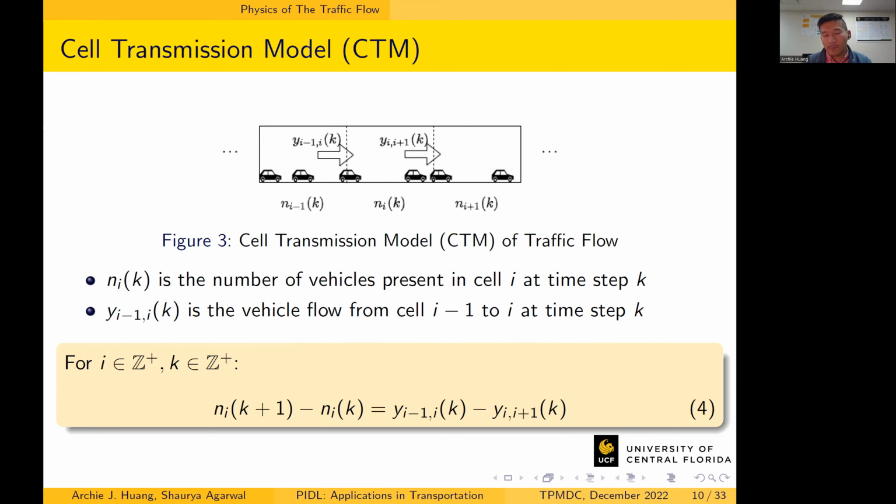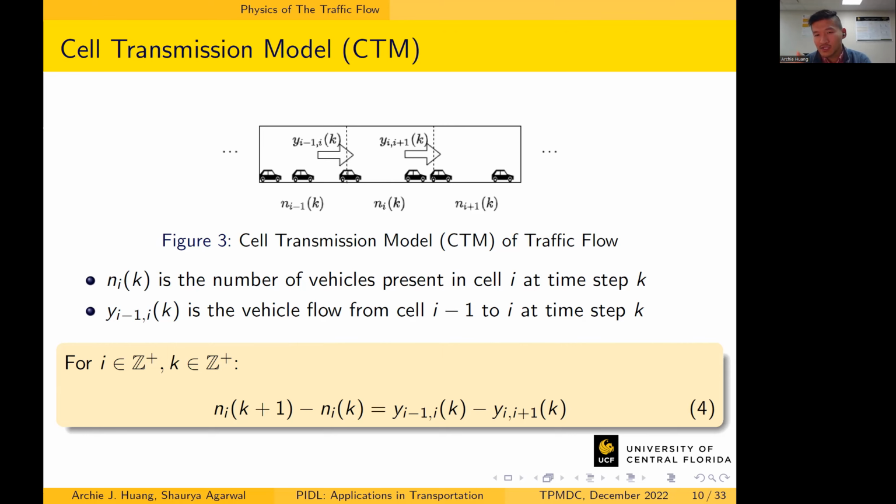And here we have equation 4, which is a way to describe this, which is also a conservation law. As you see, the left part of this equation, to the left of the equal sign, is the change or the evolution of the number of vehicles in that same cell i with respect to time.